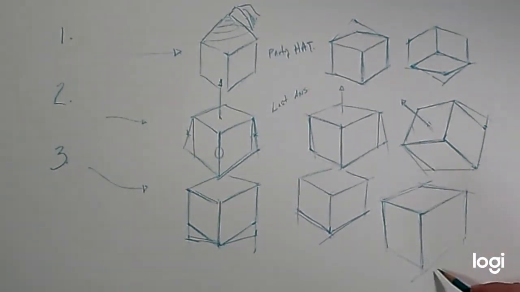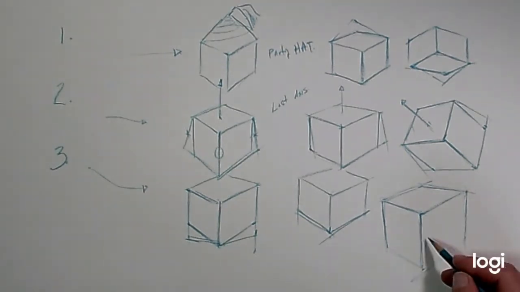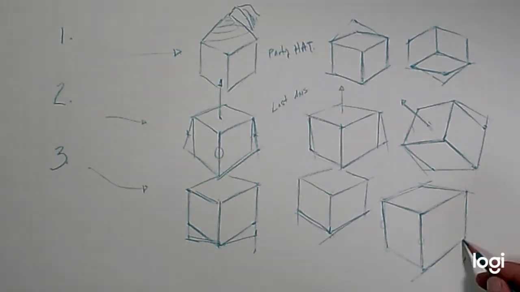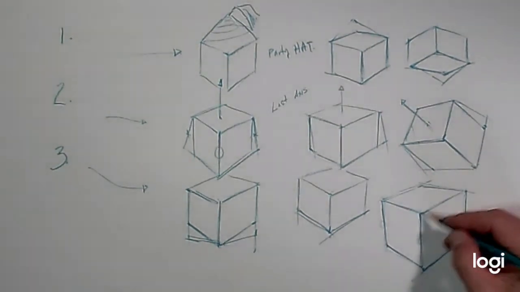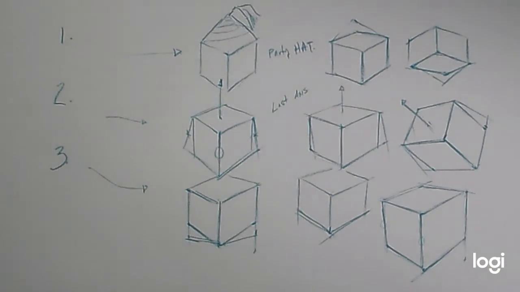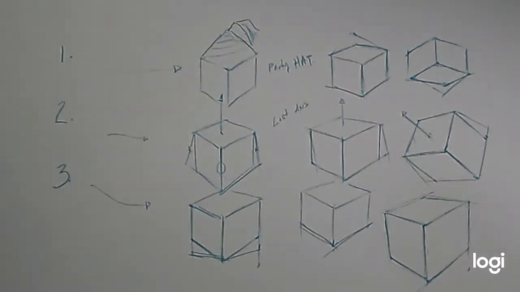And now let's see if any of these here, if this line is ever longer than the front line, or if this line is longer than the front line, then I'm out. Okay, and so these are the three main mistakes of cube drawing. Let's move on.